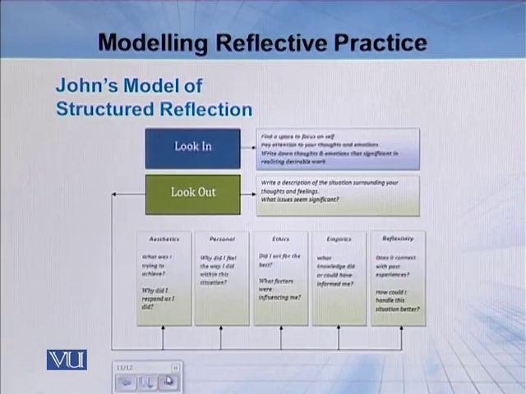And within the looking out we get those different perspectives, the aesthetics perspective, what was the teacher trying to achieve? The personal perspective, how did they feel? The ethics, what factors were influencing them? The empirics, the knowledge that they're drawing on, and then reflecting back on previous experiences and making cognitive connections.